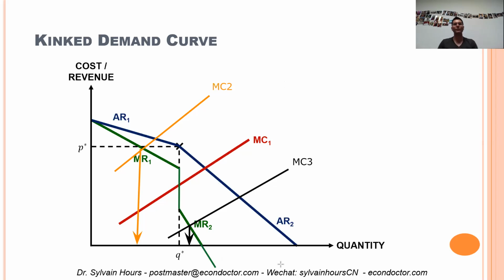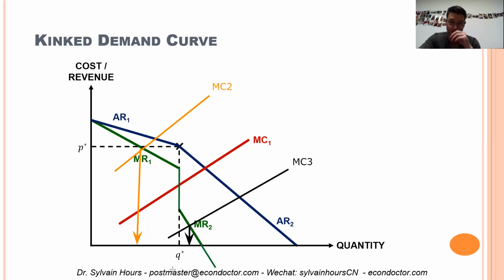Okay. So the only way you can make sure that Q star is indeed your pre-established equilibrium is by making sure that your marginal cost is going through your marginal revenue on this particular vertical section, because you see that indeed when the marginal cost goes through this vertical section, then MC is equal to MR at Q star.